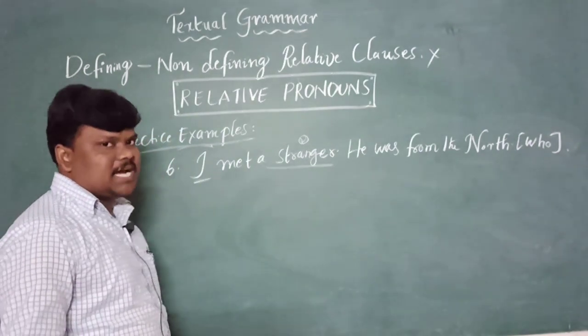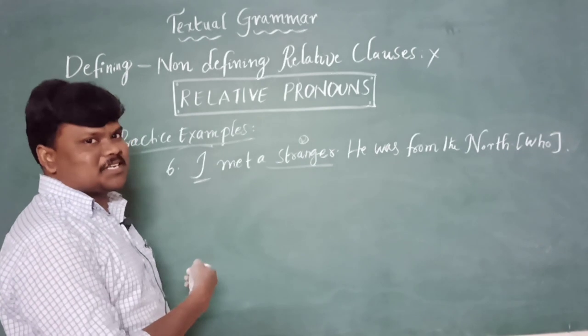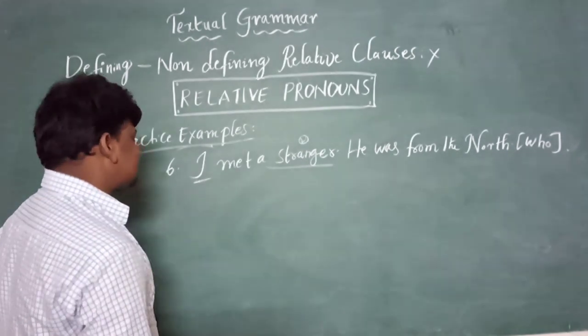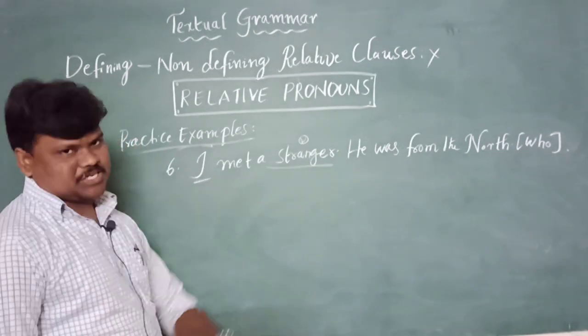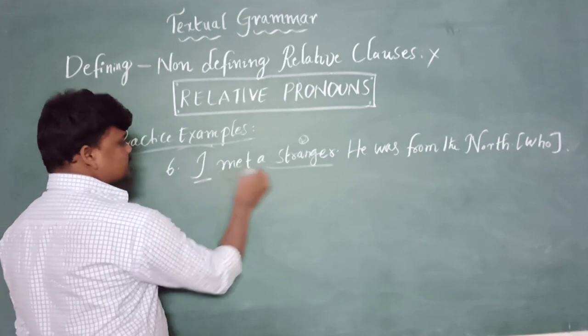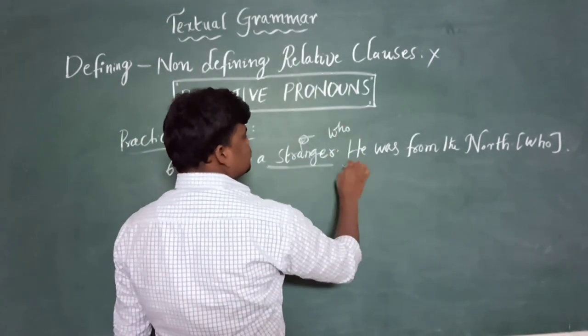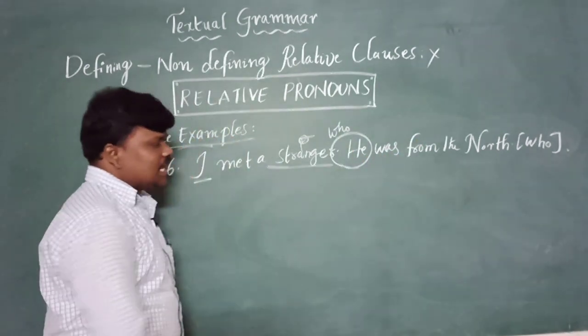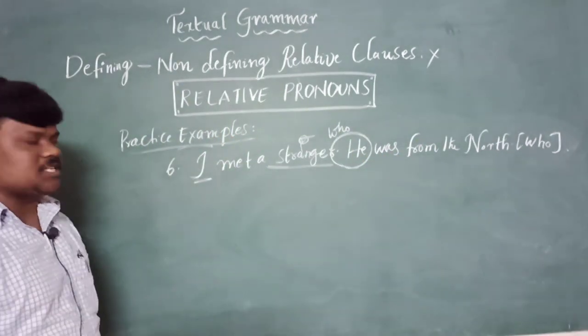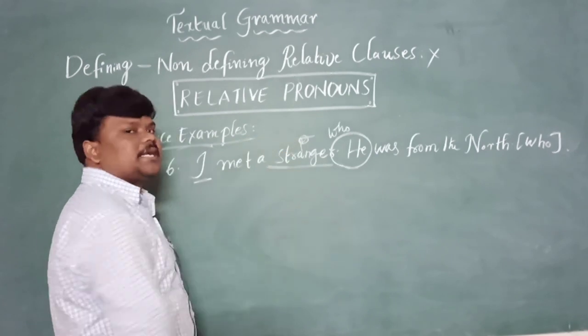So the answer came. What is the answer? Recall yourself. Yes, I met a stranger. So two persons are there, and the second person immediately follows who. The second sentence pronoun should be removed and the sentences combined, keeping a full stop at the end.